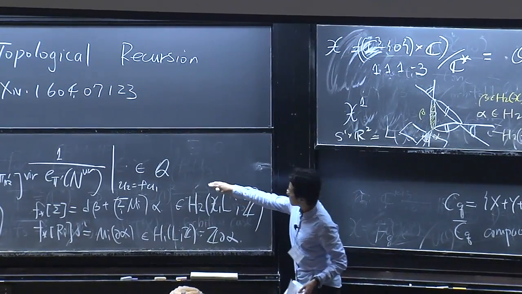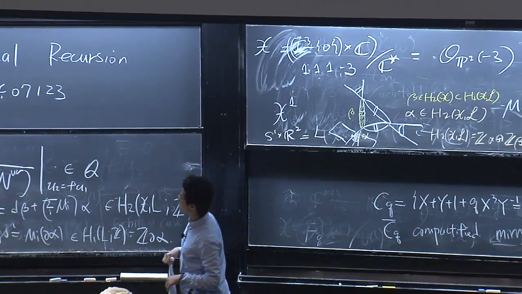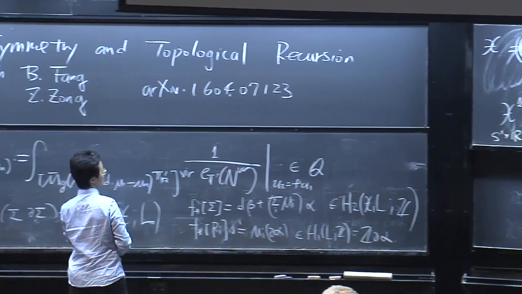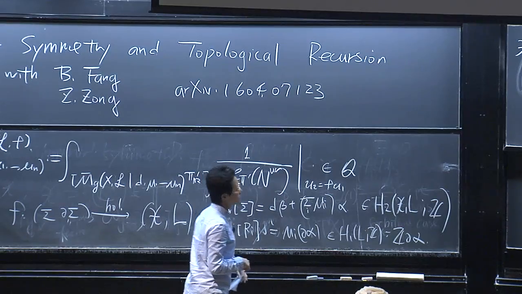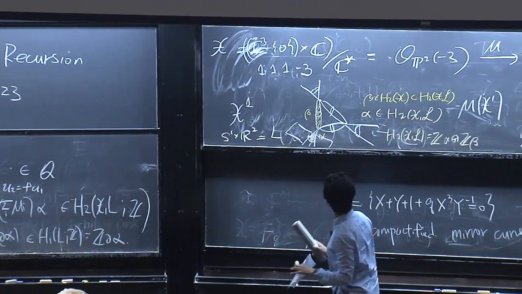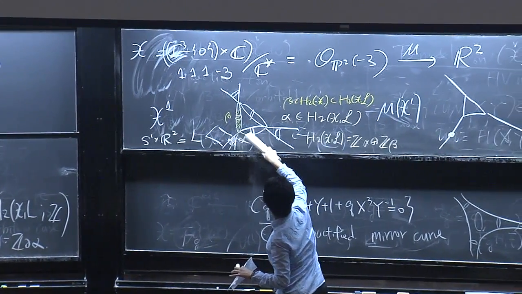So these invariants are defined and computed in this way. Then in this fixed locus, what happens is your curve can have nodal degeneration, and the higher genus components will map constantly to this fixed point.